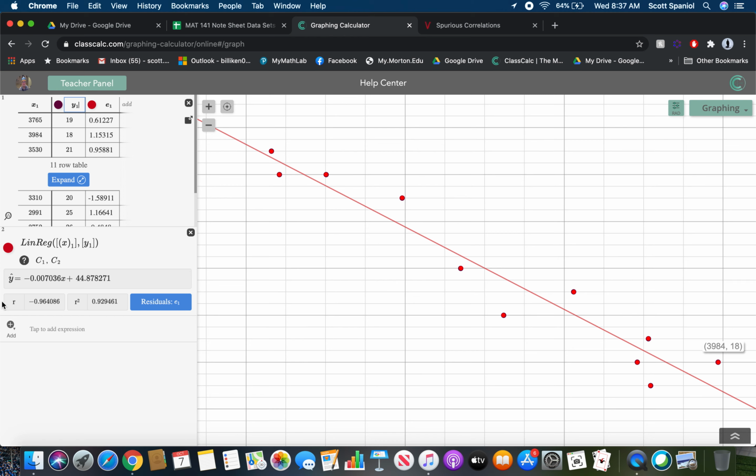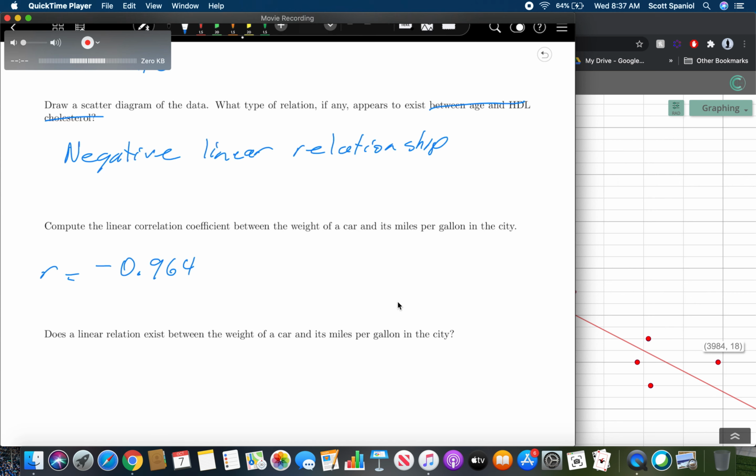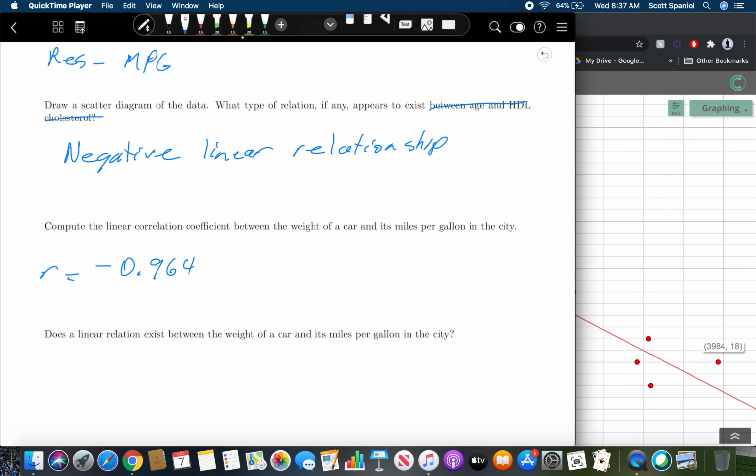But for now, for section 4.1, all you care about is this R value, negative 0.964. These R values may sound familiar because we have been using them with normal probability plots. The closer those were to 1, the stronger the linear relationship, and therefore we could conclude that it was approximately normal. So compute the linear correlation coefficient between weight and this, you get this R value.